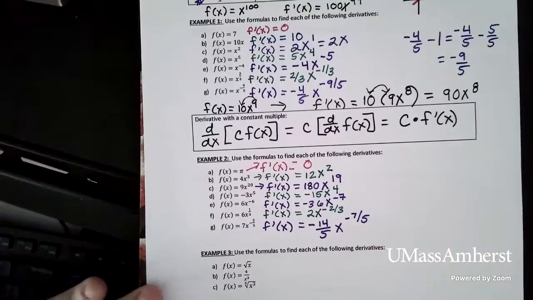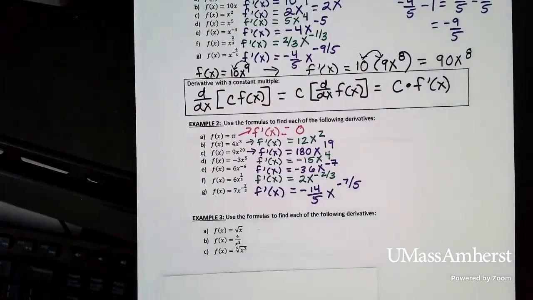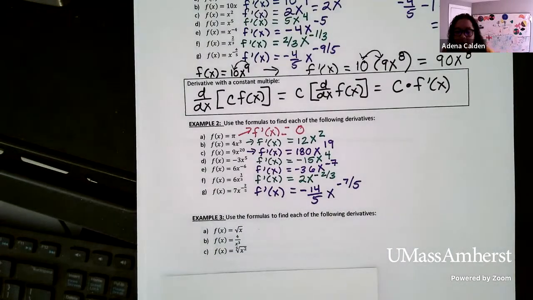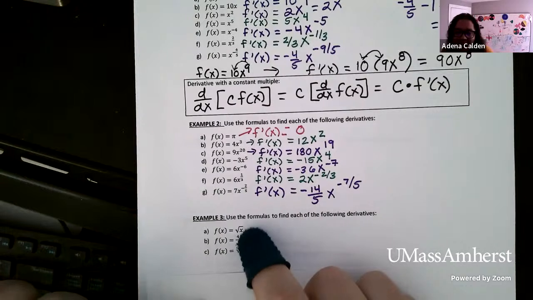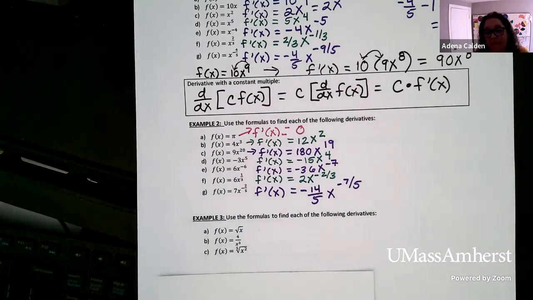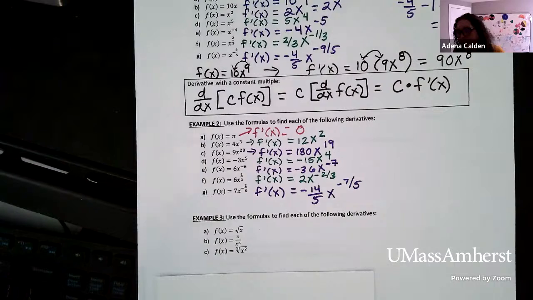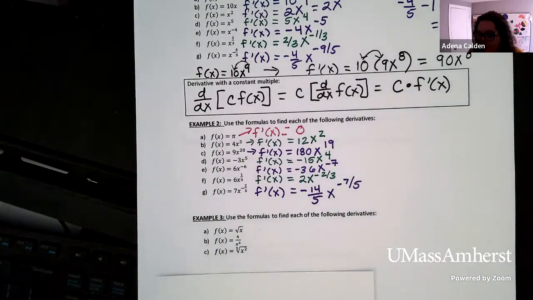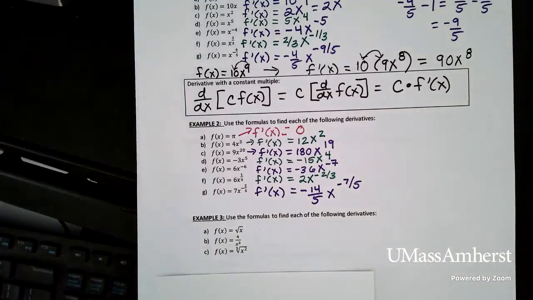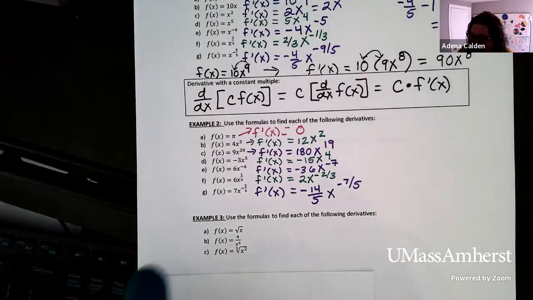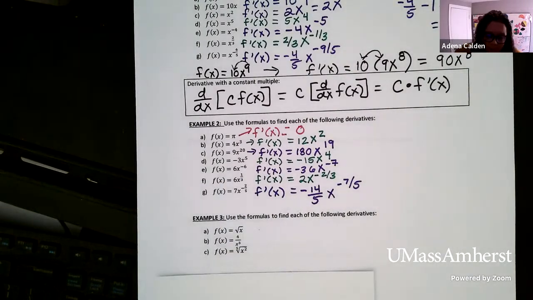And so what I want you to do is think about if you can remember how we might turn these symbols, like the root symbol, the 5th root symbol, into powers, or how we get this term out of the denominator, because we can't take the derivative while it's in the denominator. So we want to think about how we can rewrite these and then apply the derivative rule and find the derivative. So if you don't remember any of these, try your best guess. If you do remember some of them, go ahead and do it. Take about 2 minutes, and then we'll go through it together and carefully review these algebra rules that are going to become really important.